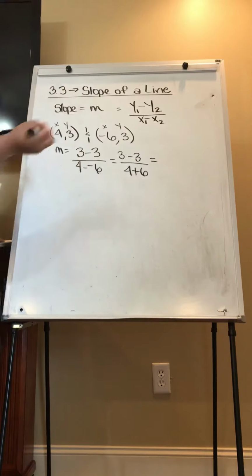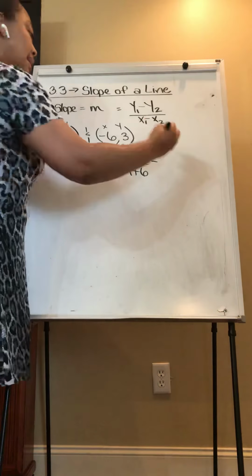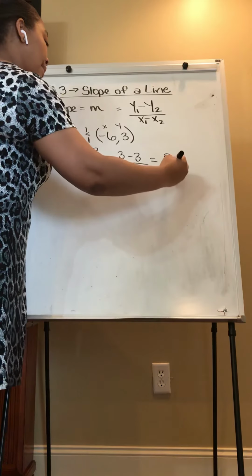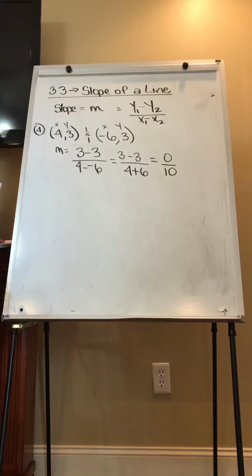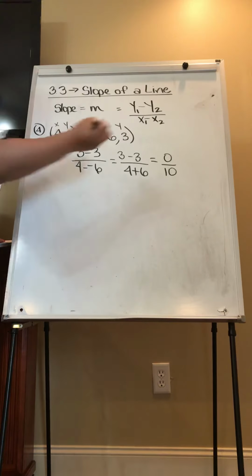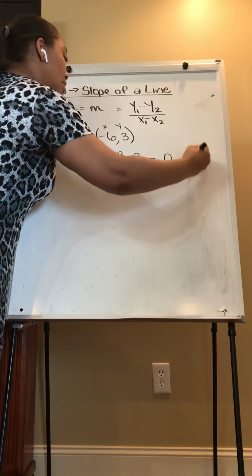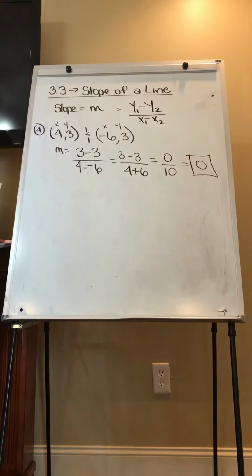However, 3 minus 3 is 0. And we know that 0 on top of any number is just 0. So the slope is 0. Don't tell me 0 over 10. It's just 0.